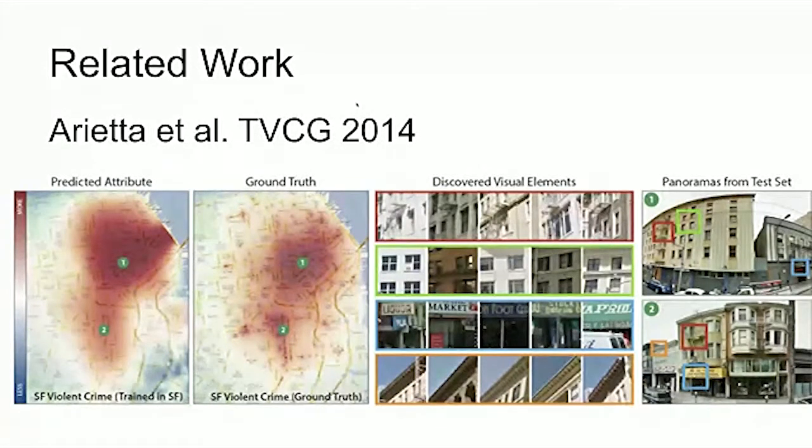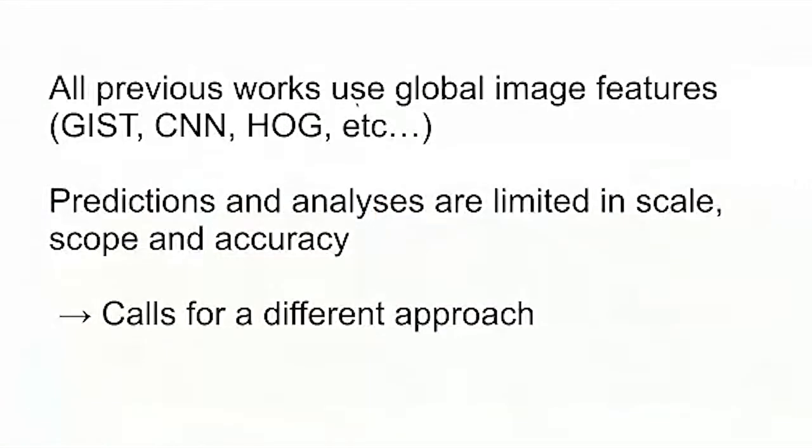Expensive houses in general might have larger rooftops or larger windows or something like that. But all of these methods are very, very limited because they use global image features. And what I mean by global image features is that they don't identify specific objects in the image.